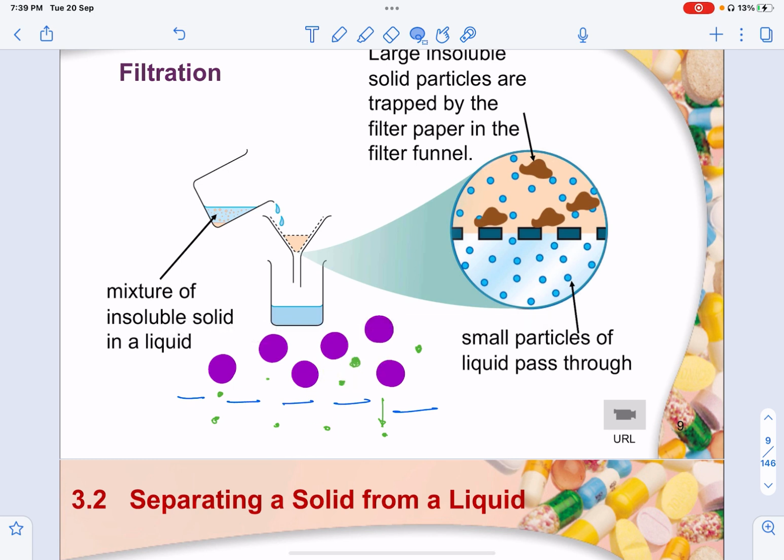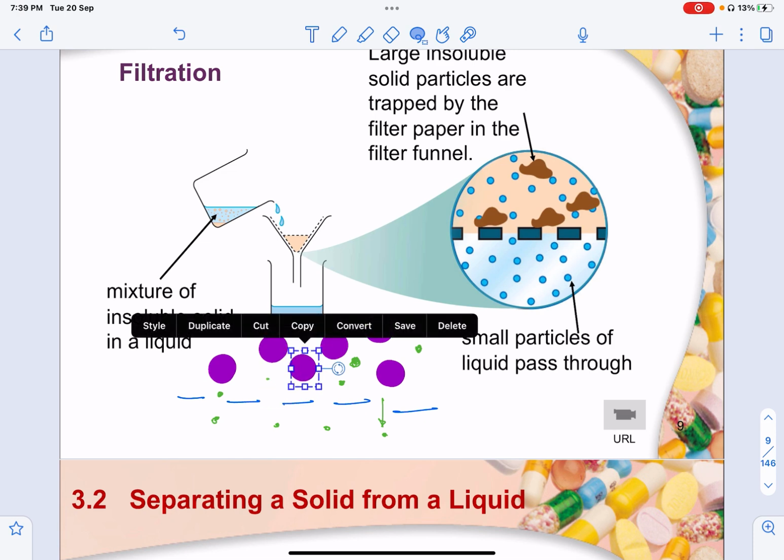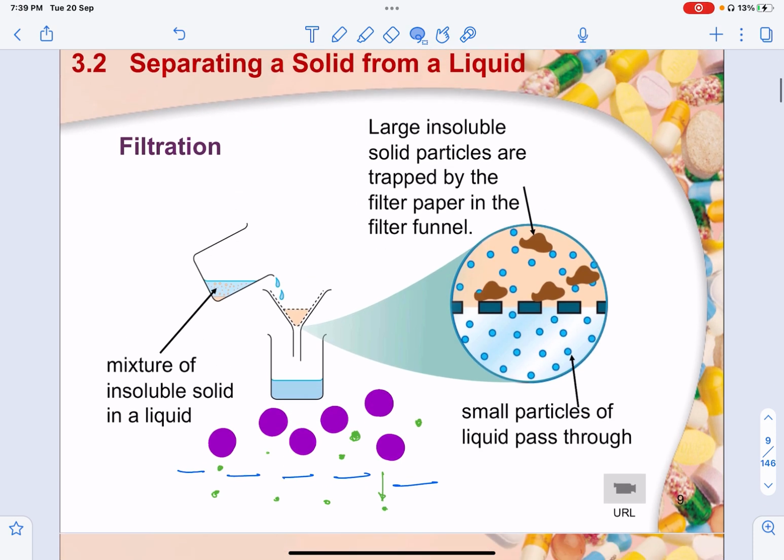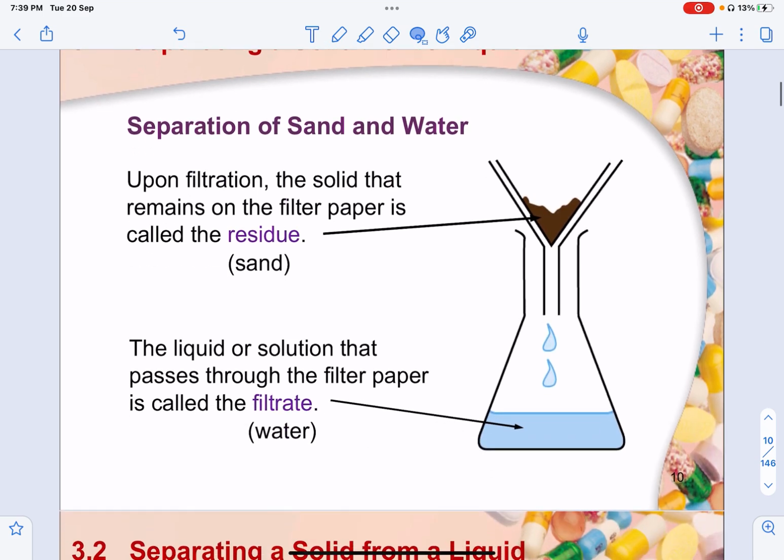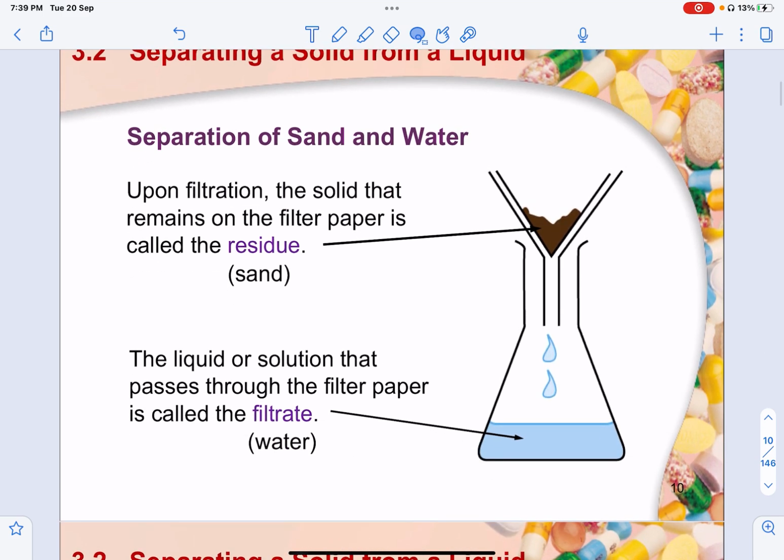Whereas if we look at the larger molecules, let's say this purple substance, we could see that they get blocked because they are too large to pass through the partially permeable filter paper. So upon filtration, what will the large particles be considered? They will remain on the filter paper, and generally we call it the residue. We do not call it the sand, we call it the residue.